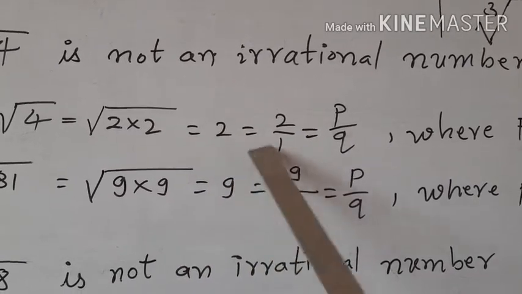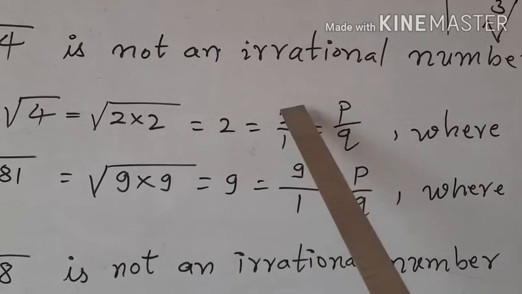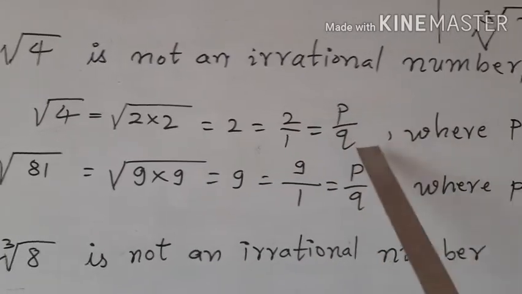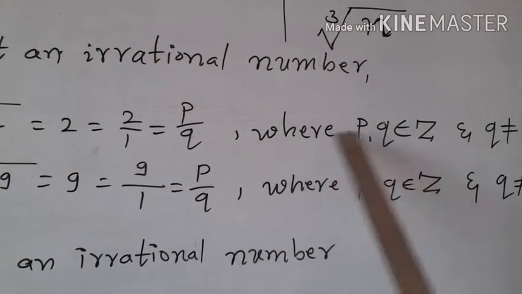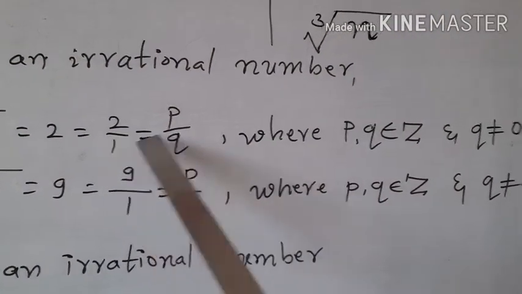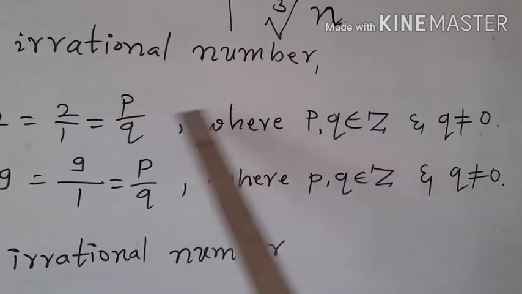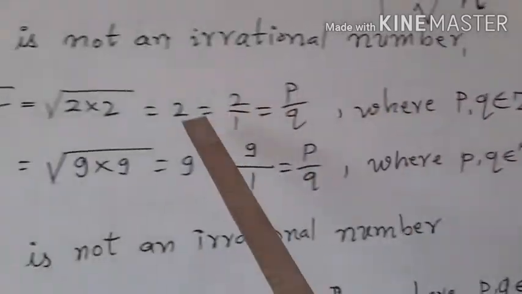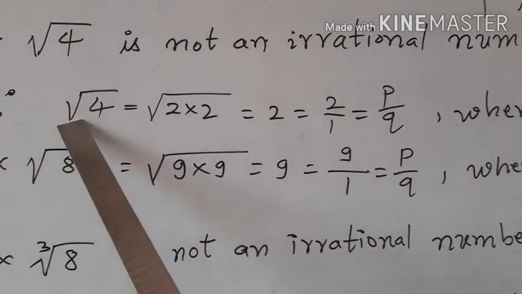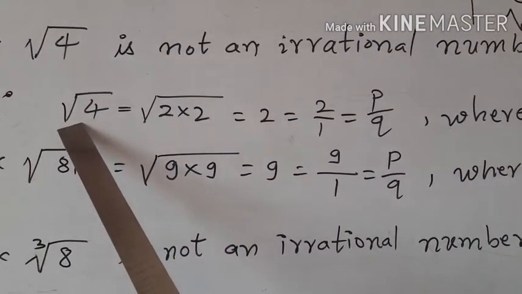But this 2 is equal to 2 by 1. Now 2 by 1 is in the form of p by q, where p is an integer and q value is 1, that is also an integer, and the value of q is not equal to 0. That is why, children, square root of 4 is not an irrational number.